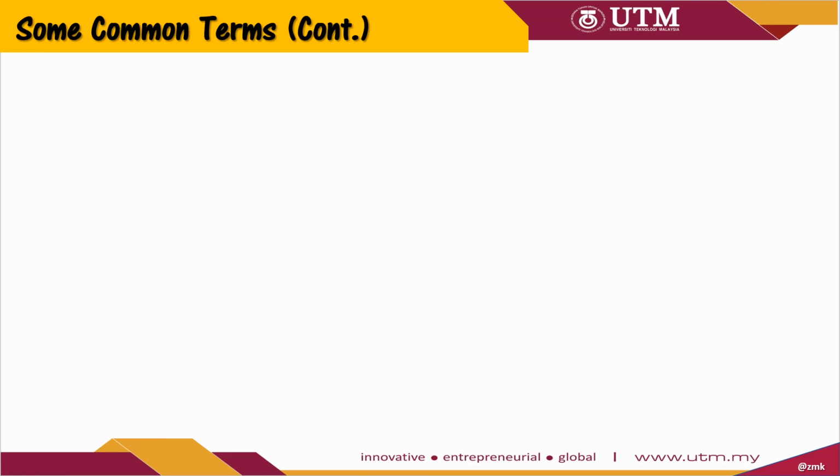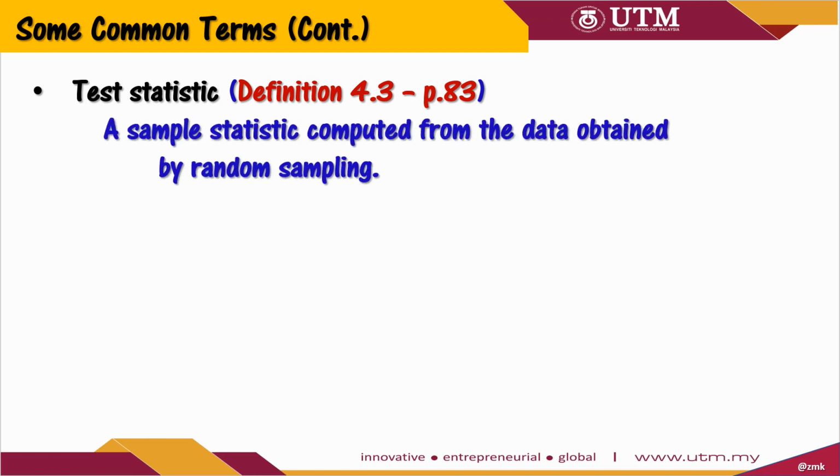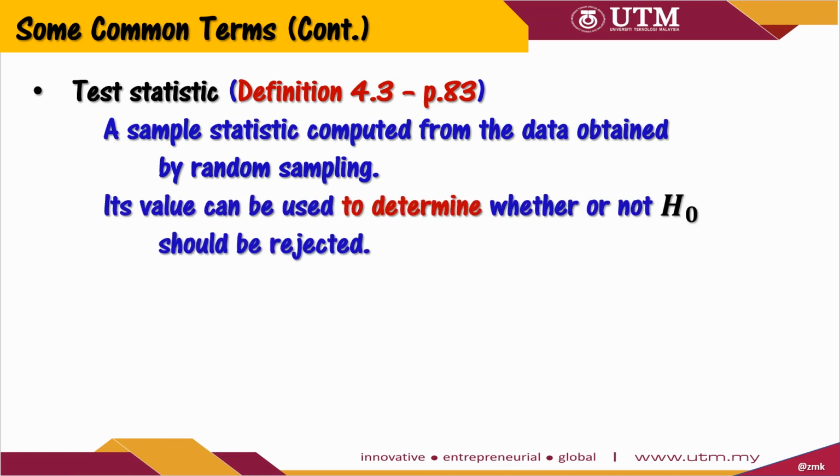The next important term you need to know is a test statistic. What is a test statistic? It is a sample statistic computed from the data obtained by a random sampling. The value of a test statistic can be used to determine whether or not a null hypothesis should be rejected.